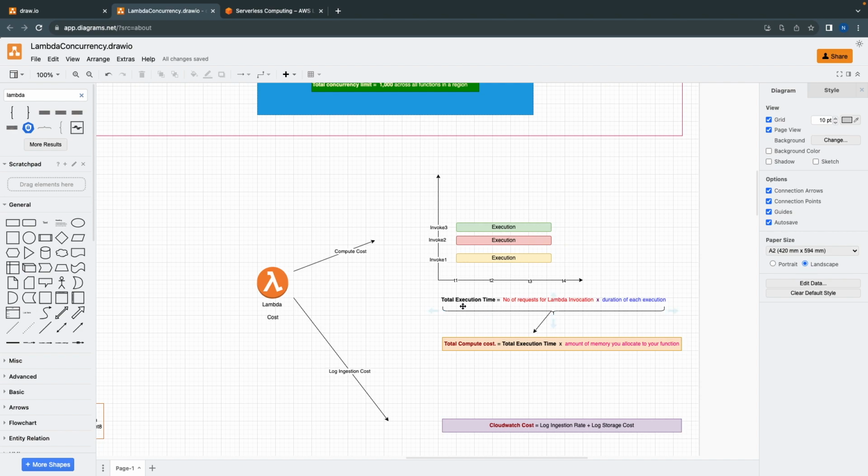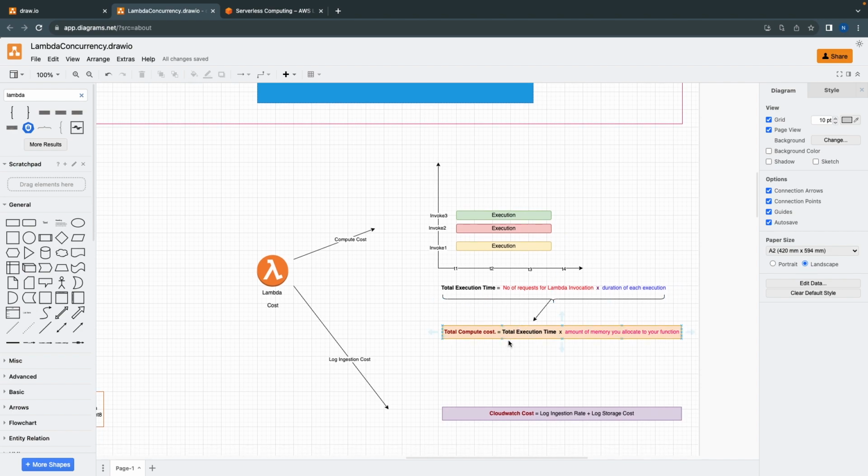That's the total execution time that would be used as an input for arriving at the compute cost. The compute cost uses the total execution time, and it also checks the memory that is allocated for your Lambda. Based on that, the compute cost is arrived at.